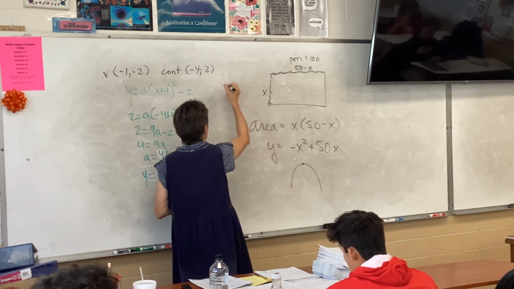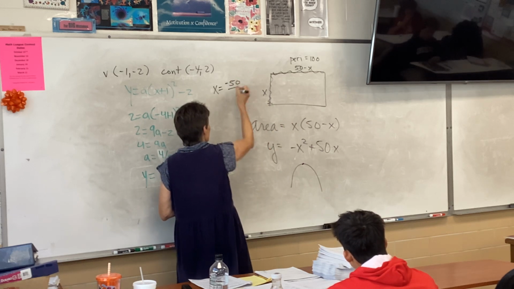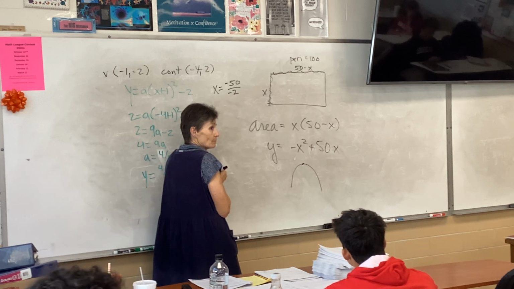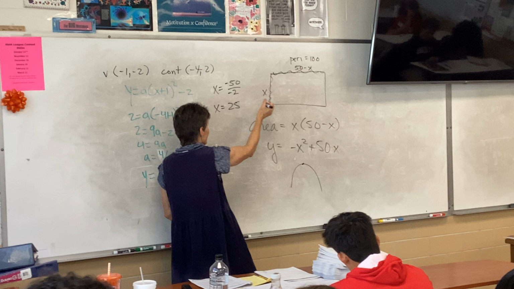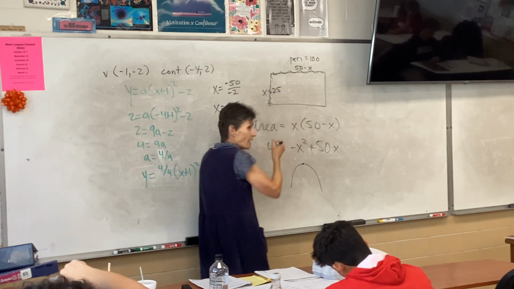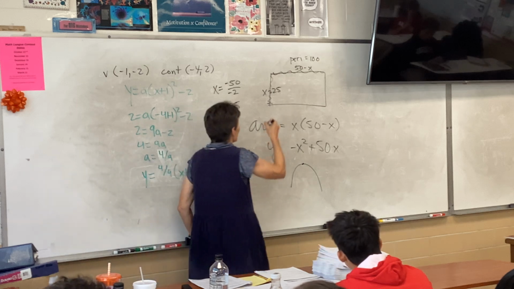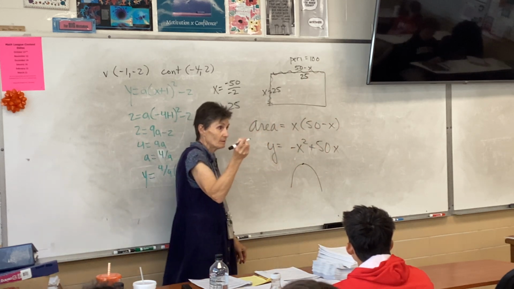Or you can just do x equals negative b over 2a. Which means my maximum x value is 25. Which means this side would also be 25.